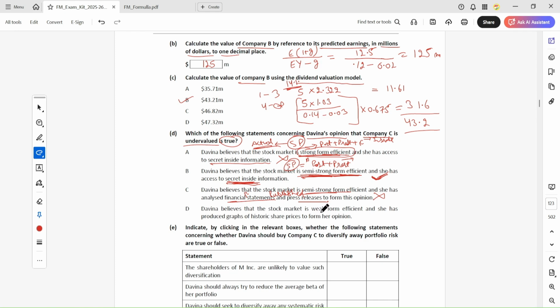Joanna believes that the stock market is weak form, and she has produced graphs of historical prices for her opinion. In weak form, you cannot make profit by studying past share price movement or past information, because past information is already reflected. So this is also incorrect. This is the only correct answer.